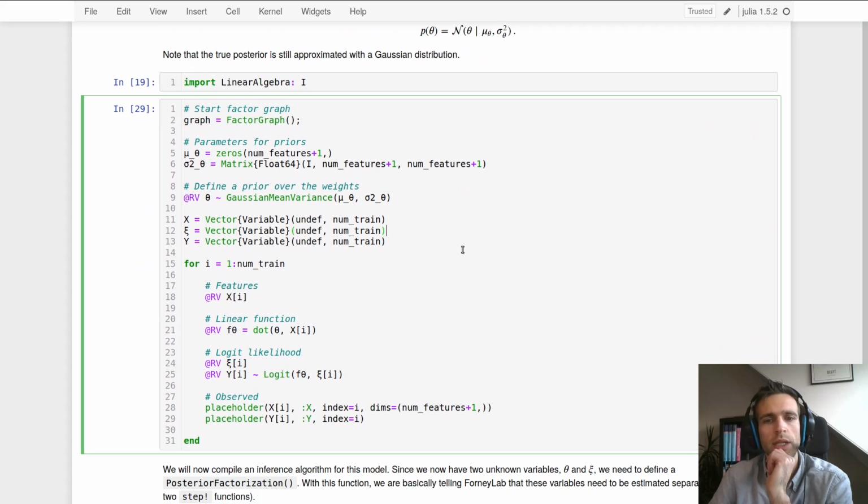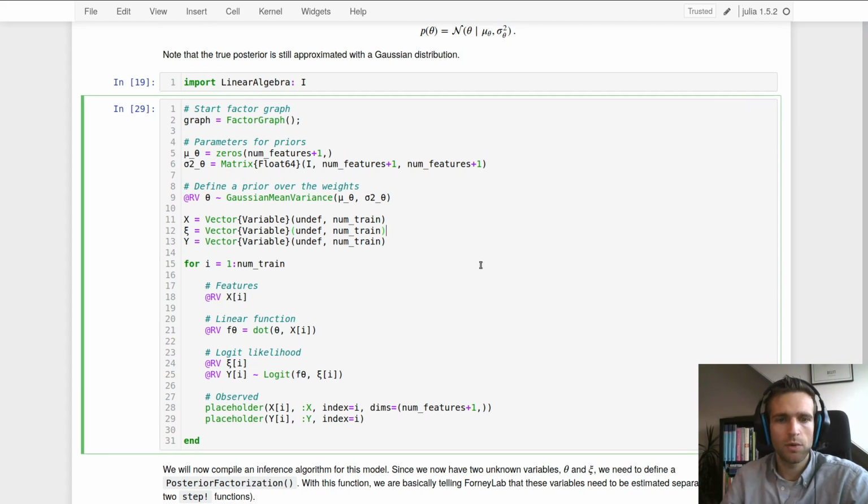So the syntax in this model is quite similar to the syntax for the non-recursive estimator in the regression section. So we have again clamped parameters and a prior that we defined as theta with a Gaussian mean variance. We now have three vector structures of variables, each of them containing n samples.